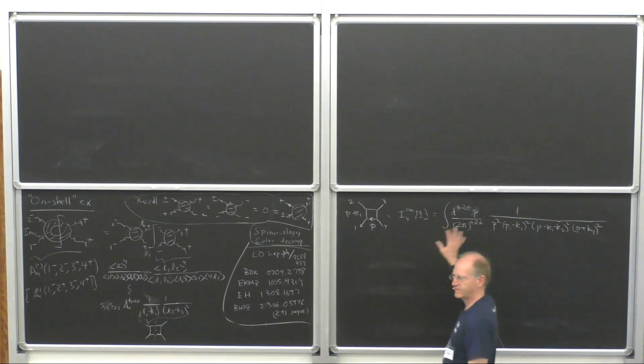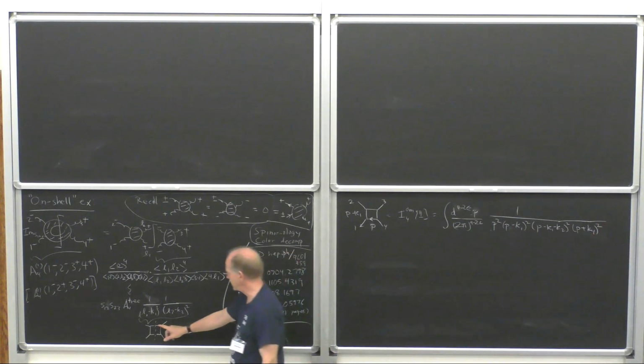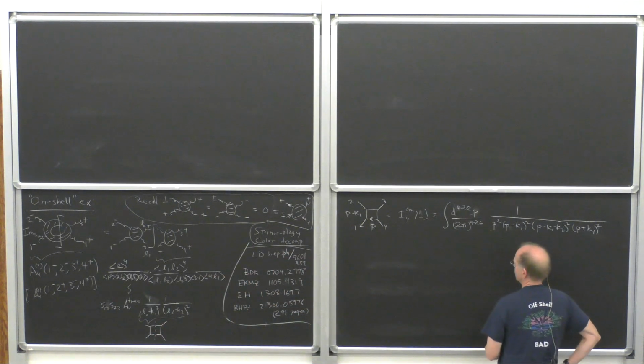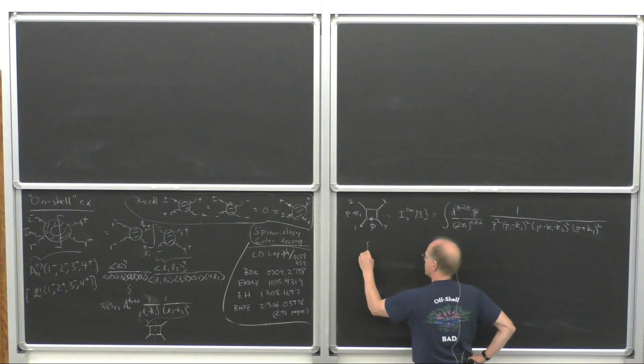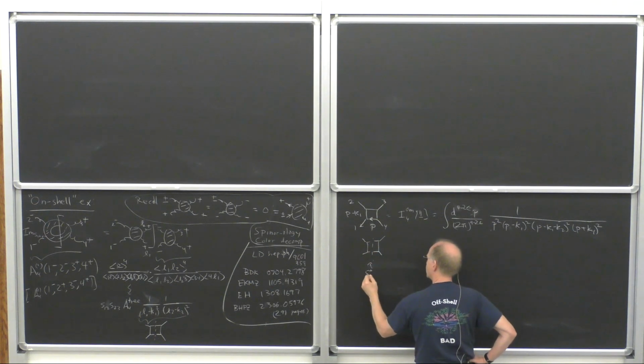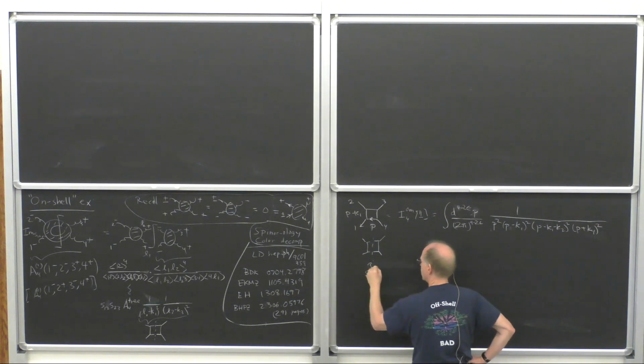So the cut of this integral, where I cut these 2 lines, just replaces these guys with delta functions. I was calling it L1 squared over there.